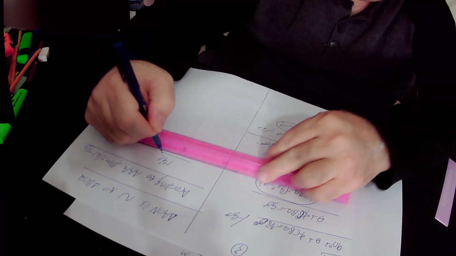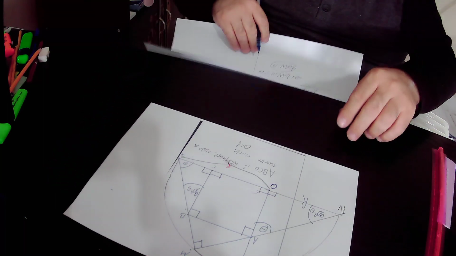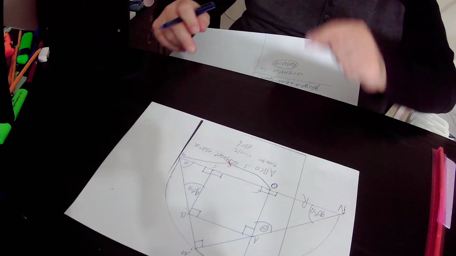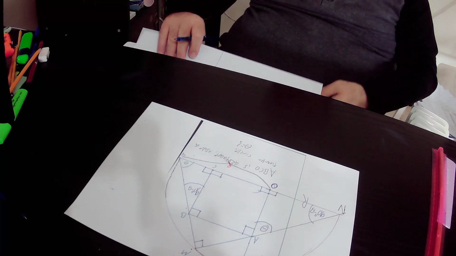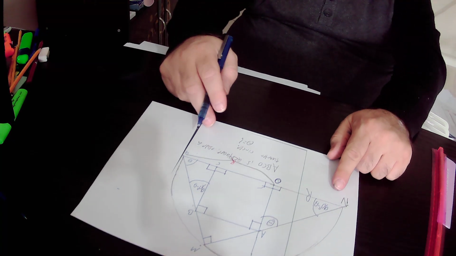Okay, so from the fact that those two triangles are similar to each other, we will conclude that the following relationship exists between their sides.